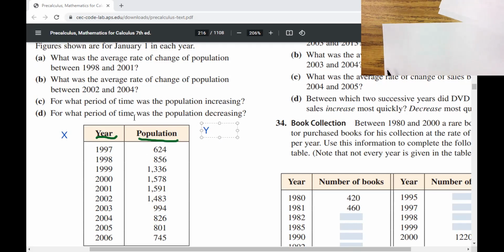Now part A, you're already given my X values, right? It's 1998 and it's 2001, right? I'll write it bigger.